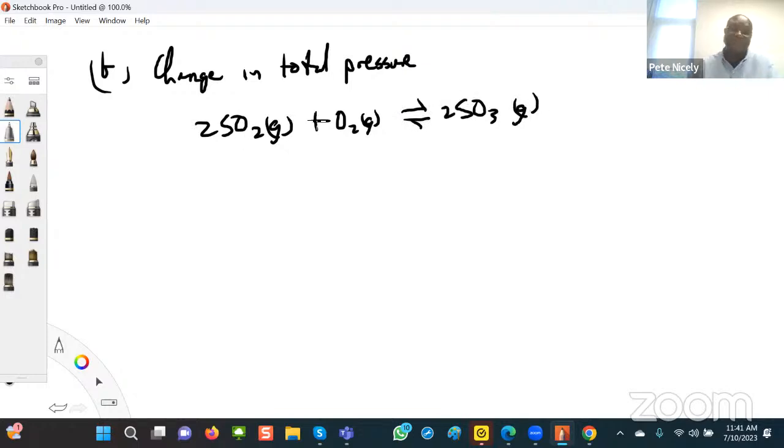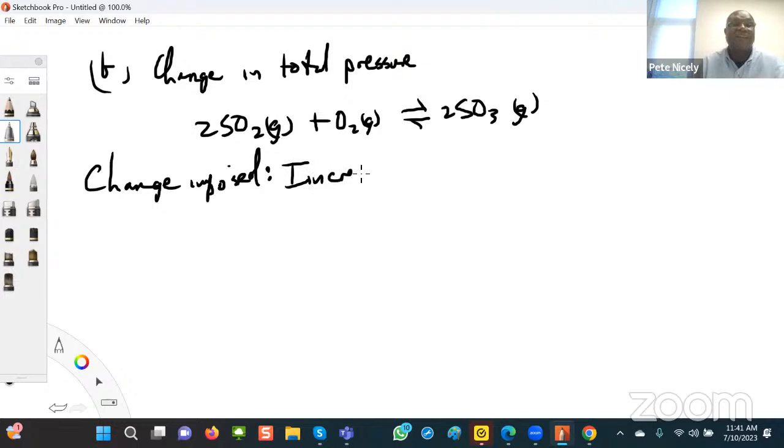All right. So the question is, what if we change the total pressure? So, change imposed. Let's say the change imposed is that we're going to increase total pressure. All right. So that's the change we're imposing. So the question is, how will the system respond?